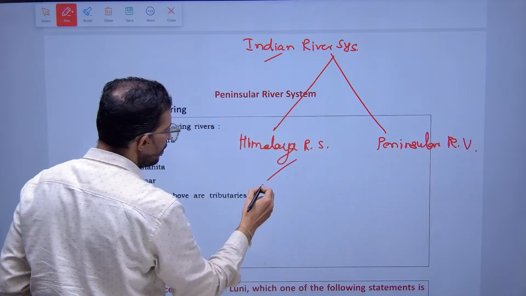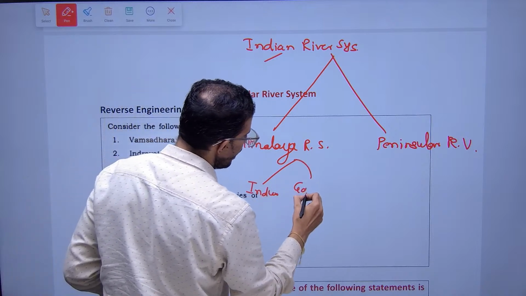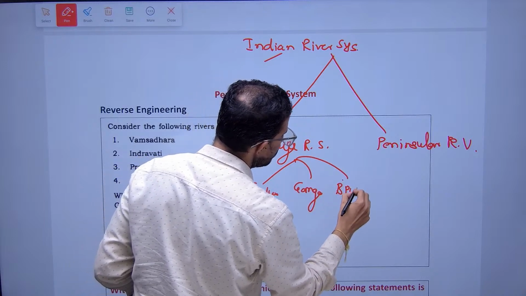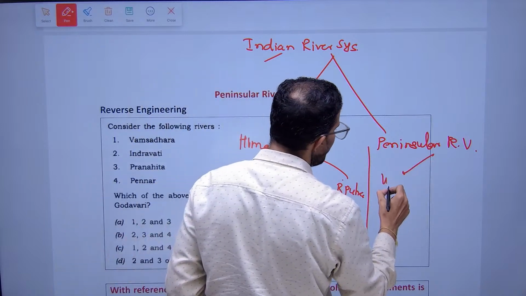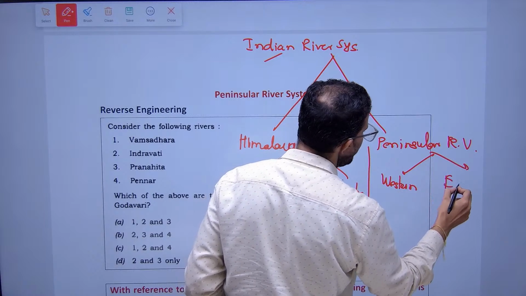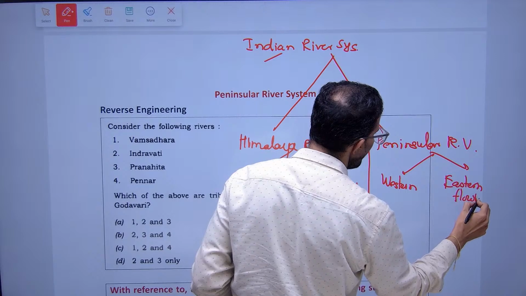In the Himalayan river system, we have seen the Indus, then Ganga, and then Brahmaputra. In the Peninsular river system, the western flowing rivers, and now we are going to see the eastern flowing river.